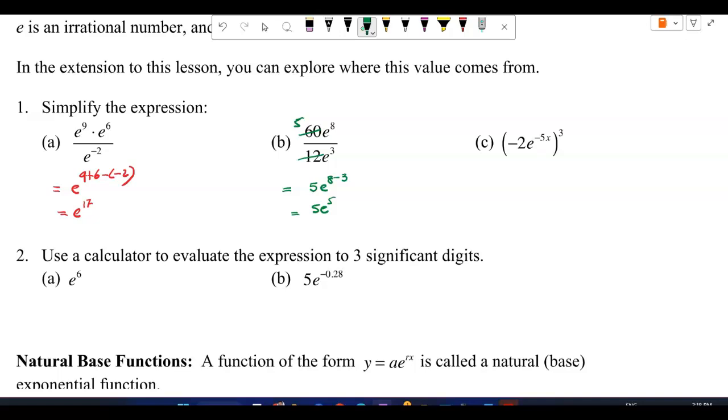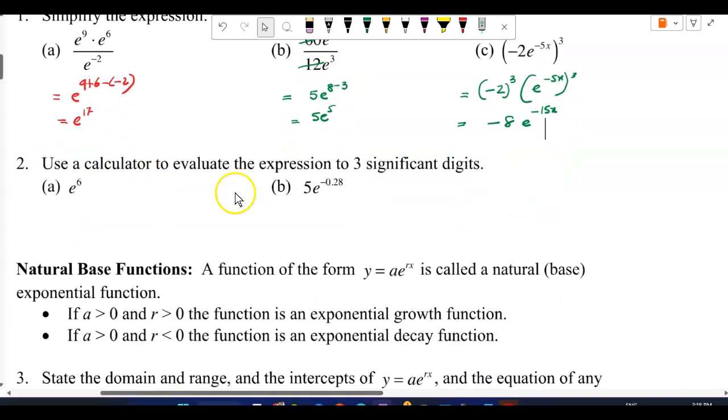Next: minus 2 cubed, and e raised to minus 5x, cubed. That will be minus 8 e raised to minus 15x.